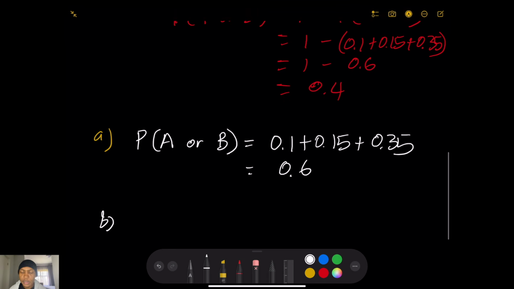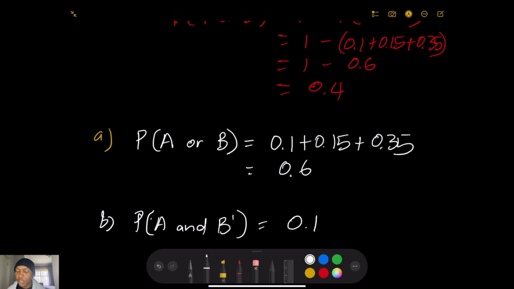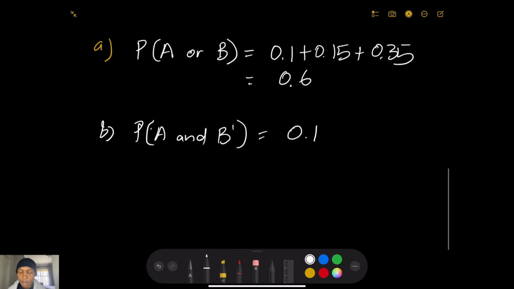And that's the beautiful thing about Venn diagrams, that you kind of see what you're doing quite graphically, right? So the probability of what is in A and not in B, in this case, that would simply be 0.1. That would be the probability.